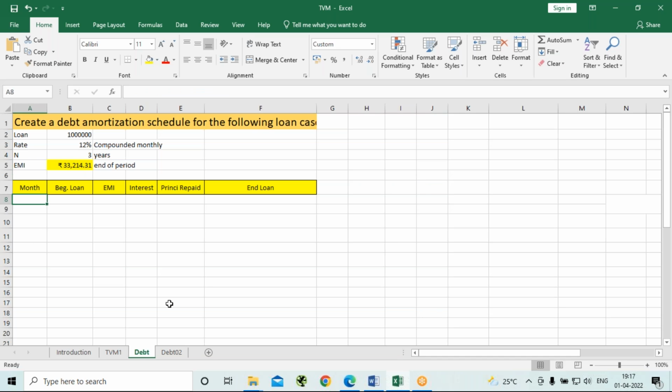Now I have to prepare this table for the 3 years. Can I know how many months there will be for 3 years? Is there anyone online? 36 months.